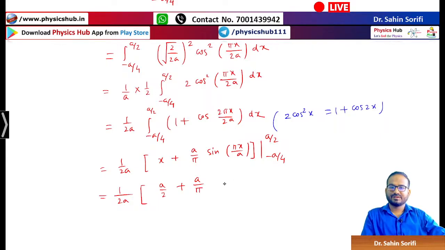Then minus, plus a by 4, minus a by pi, and another minus is coming from sine of minus a by 4, so sine pi by 4 is 1 by root 2, and this a by pi will be there.